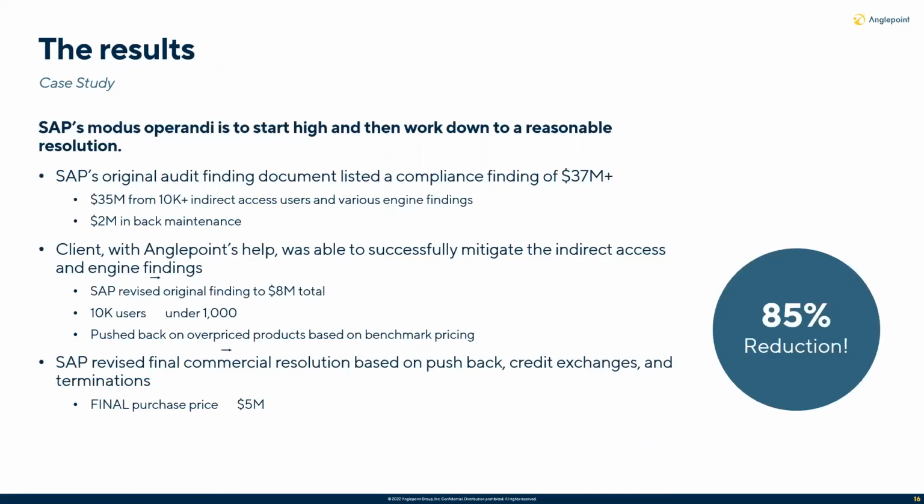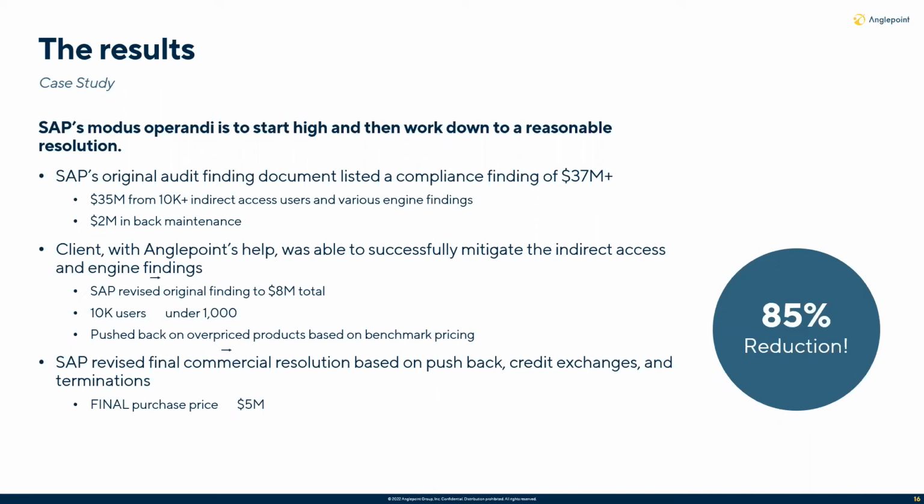They were charging for 10,000 plus indirect access licenses, which that alone was $35+ million. And then they were also charging for back maintenance for products, again, somewhat arbitrarily. Like they only charge for a few years, and it's kind of like, well, why only 3? Why not 7? Why not 10 years of back maintenance? If you're claiming that we've been using it all these years. So that was somewhat arbitrary.